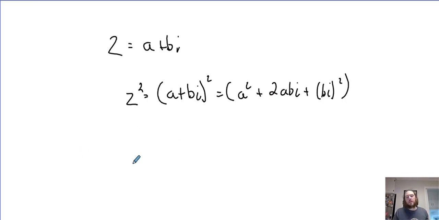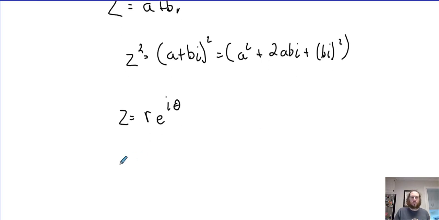If I think about a complex number in terms of Euler form, so z equaling r e to the i theta, and I were to put that to the power 2, for example, so z squared equaling (r e to the i theta) squared, it becomes much easier to square this, right?